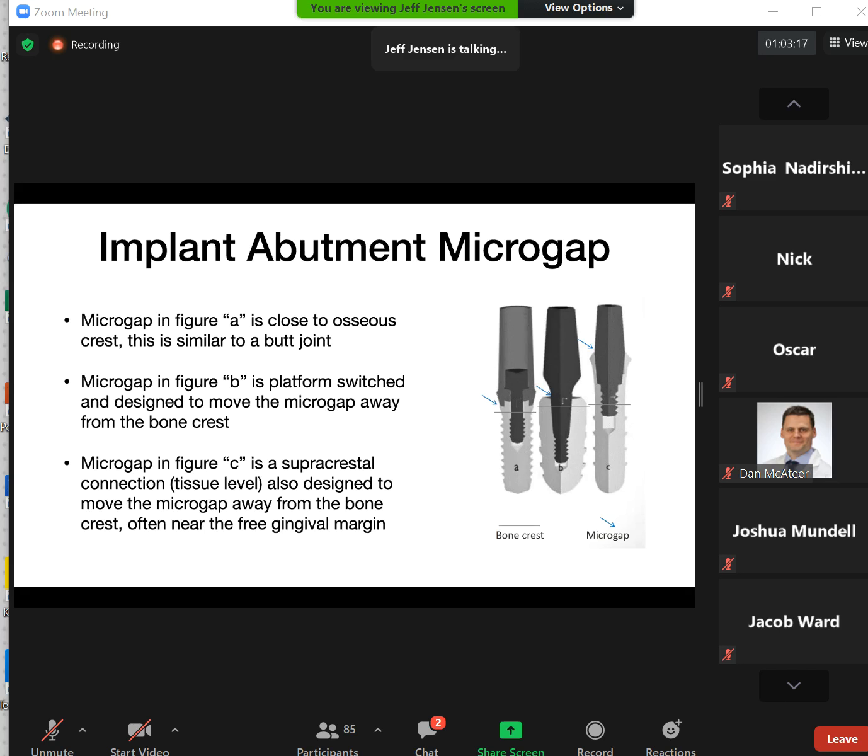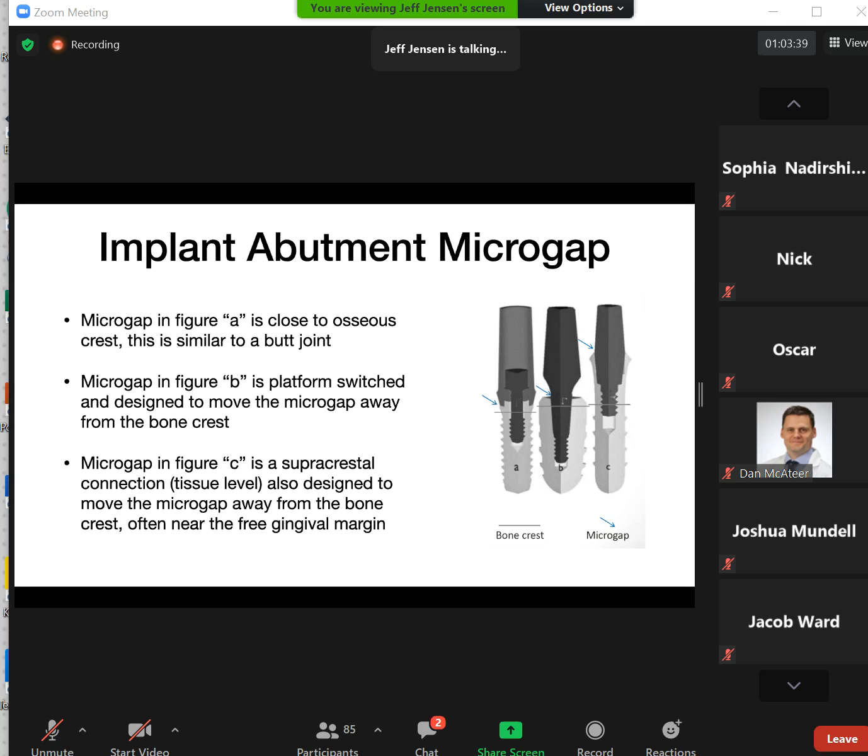Another way to do this is to put the abutment and implant connection up above the bone at the soft tissue level. That's called a supracrestal connection or a gingival connection. You're just moving the connection coronally. There are some challenges there with aesthetics.